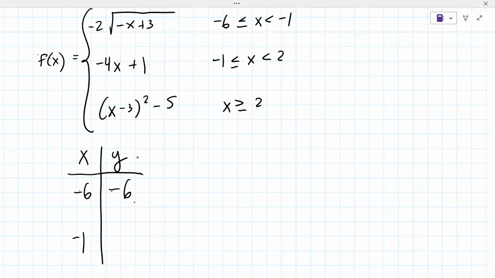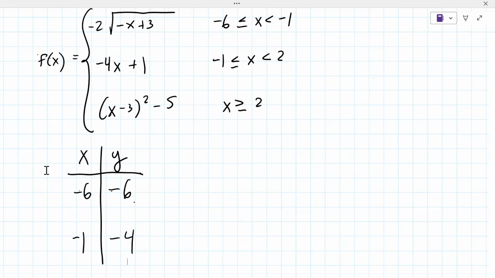-4. It is -4. Good. Now, is it an open or a closed circle at each of these points? I'm checking my notes.